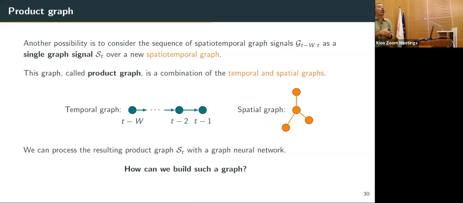Clearly, I don't go into the very fine details of the method. It's just to get a glimpse of what you can do and the overall picture. But you can do really many things, and as we have seen, you can treat in the proper way situations where you have a directed graph. So the product graph is very interesting. You have time passing, and you have space, the graph, the topology. You need to put everything together.